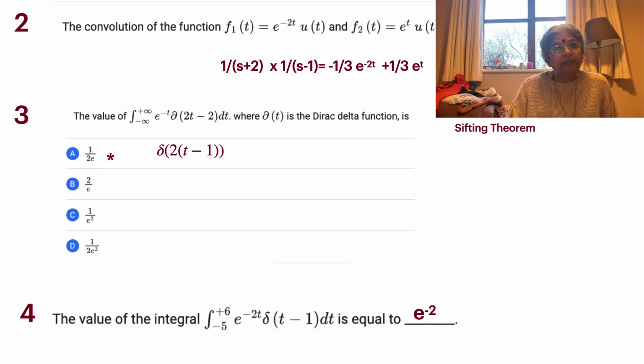In this case, since we are also integrating, it has to be multiplied by 1, unlike the earlier case where the area was halved. So e raised to minus 2 into 1 is going to come out, and the result is e raised to minus 2. Both are Sifting theorem applications, very interesting but simple, and we have covered them since they were already given in the GATE examinations.